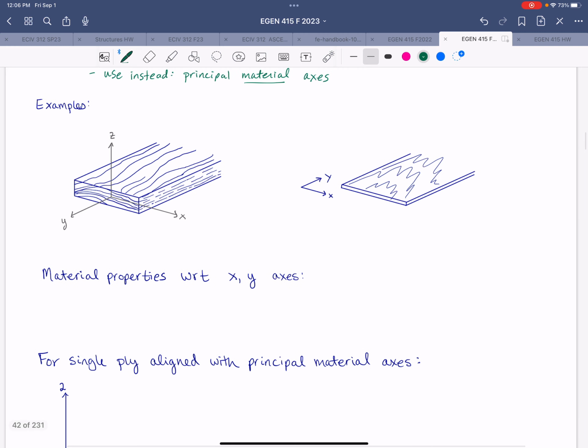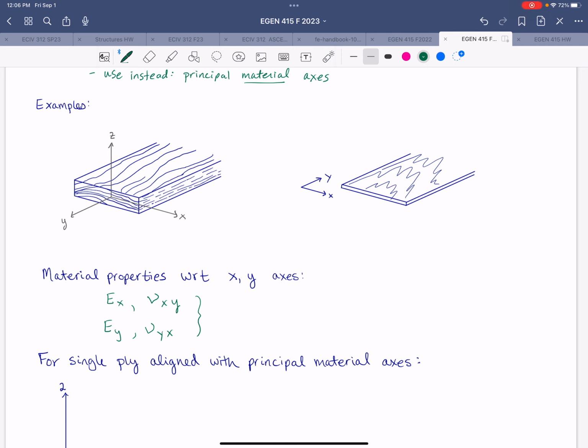So for example, if we align our X and Y axes along the principal material directions, then we would have a Young's modulus and a Poisson's ratio associated with the X direction, and a Young's modulus and Poisson's ratio associated with the Y direction.